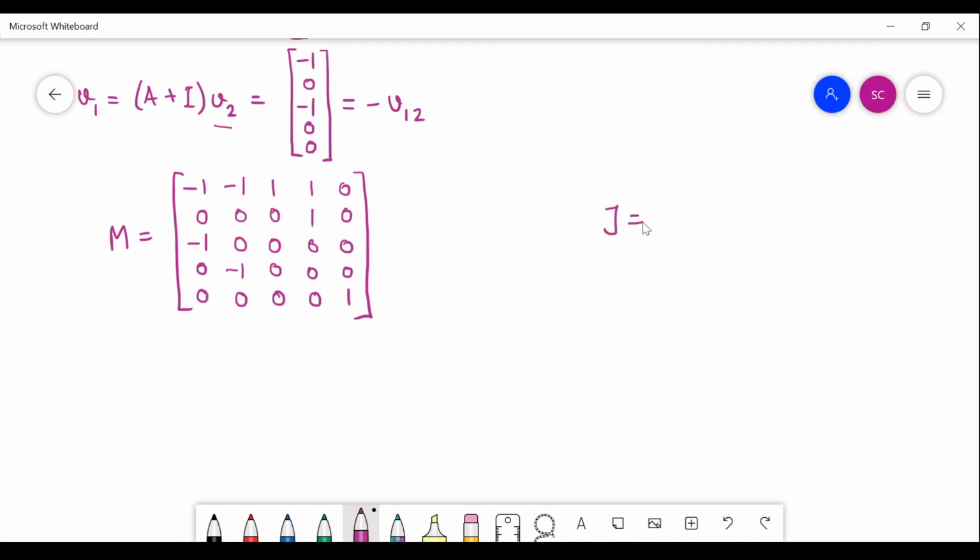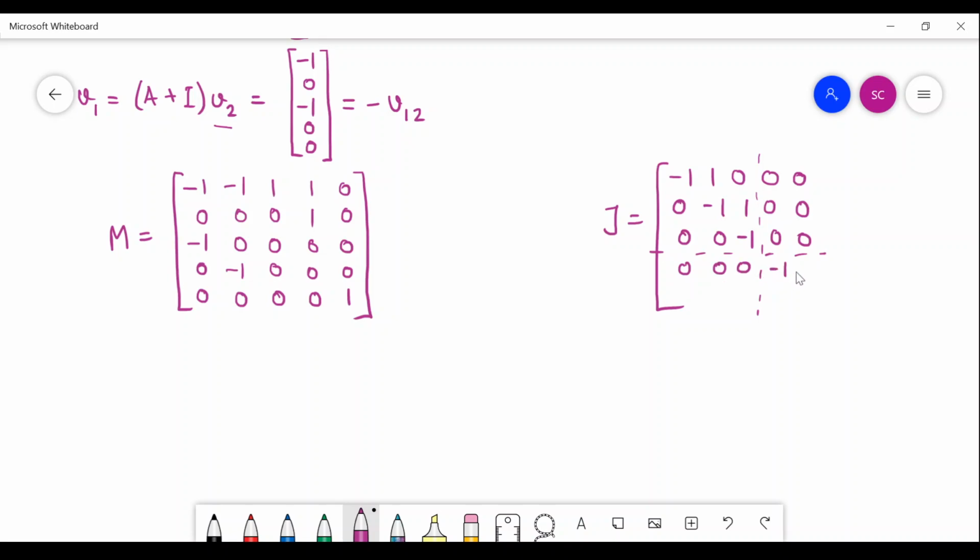Your J is this: minus 1 1 0, 0 minus 1 1, 0 0 minus 1. This is the size 3 block, then a size 1 block, then another size 1 block.